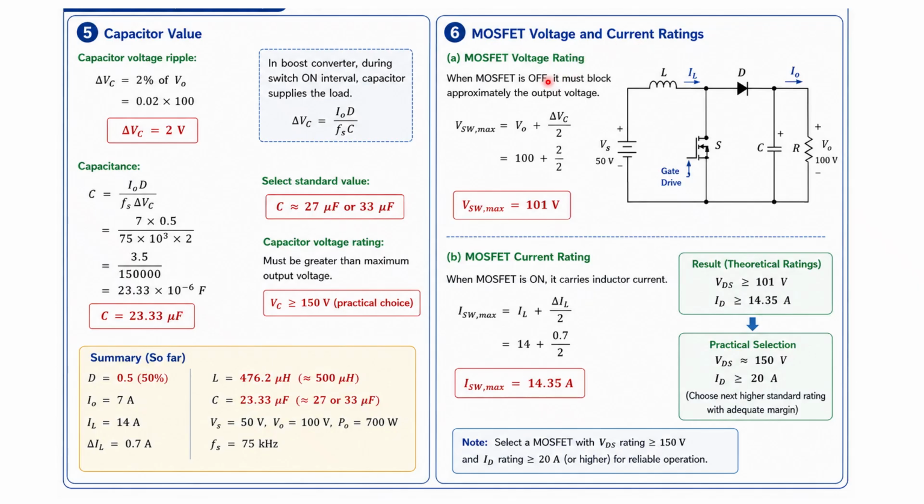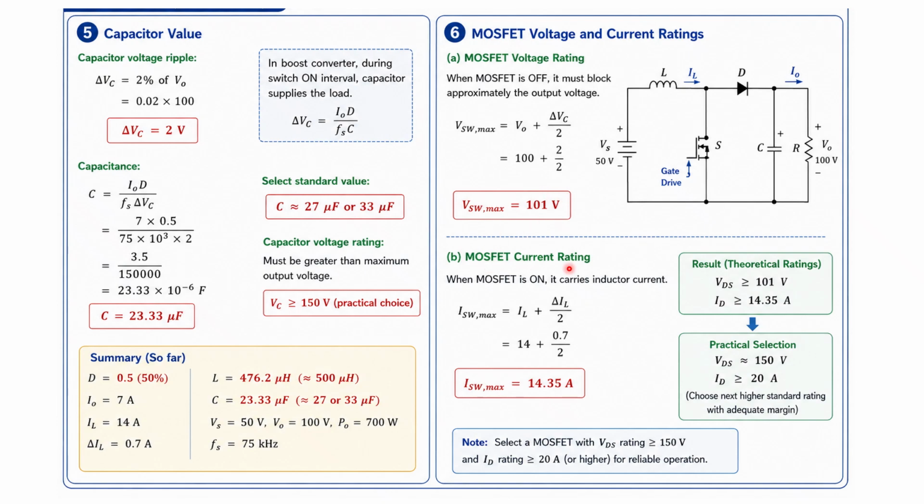The MOSFET voltage rating is greater than your output voltage. The peak value of MOSFET voltage is output voltage V0 plus delta Vc by 2. So that is 100 plus 2 upon 2, that is 101. So your MOSFET rating should be greater than 101.